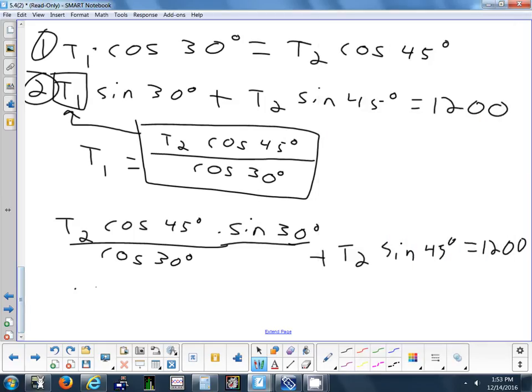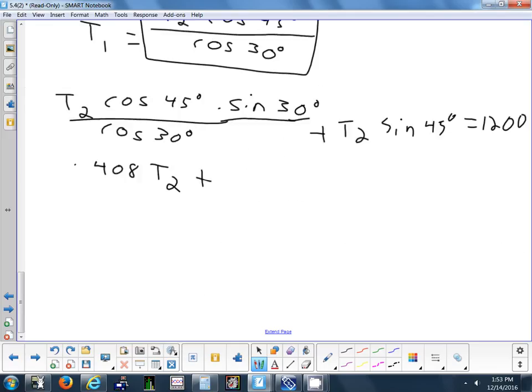So all of this is gone. Just 0.408T2. Plus, sine of 45 is 0.707. Just trust me. You're like a human calculator. I just have it memorized. Now, what can you do with these two things?